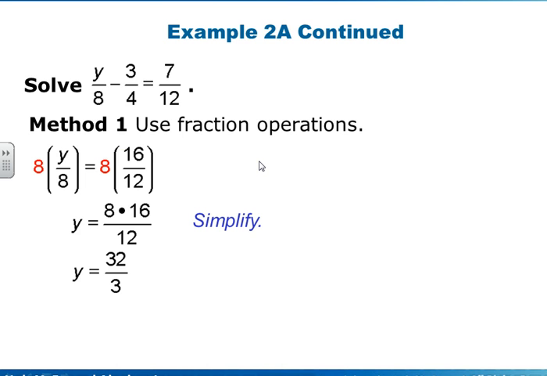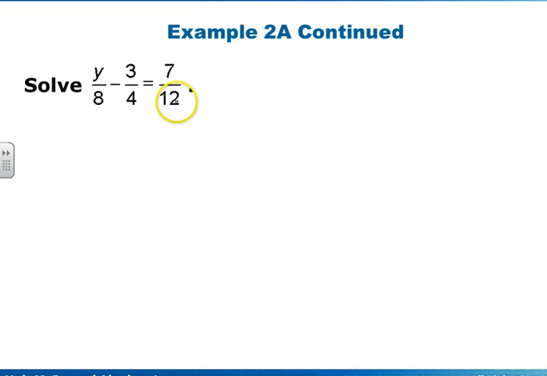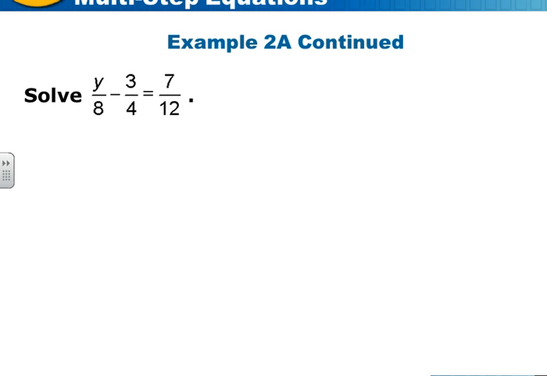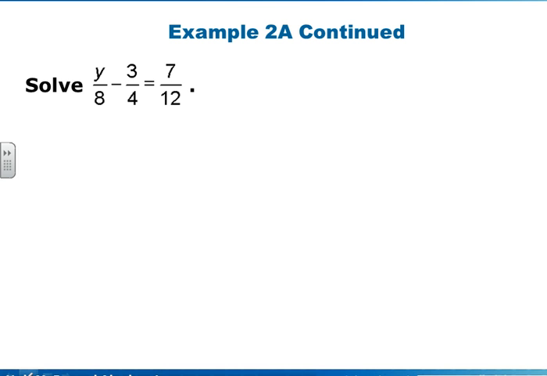Now we could also simplify the 8 and the 12, which is 24. Here we can multiply everything by the LCD, and the LCD in this case is 24.